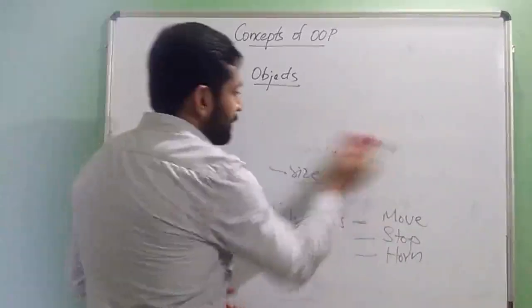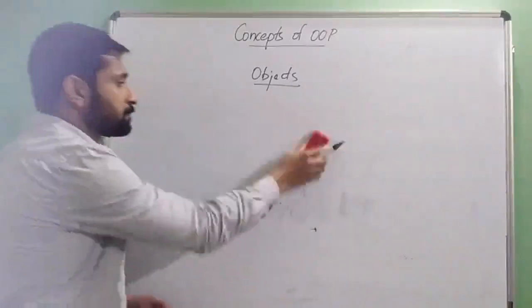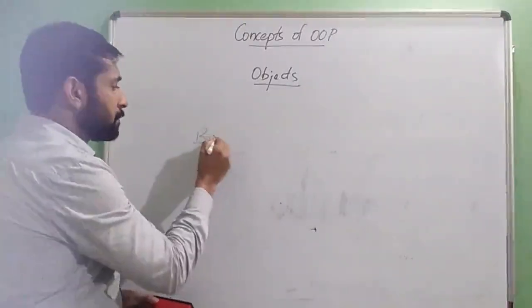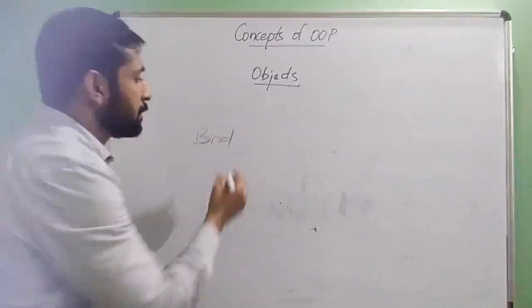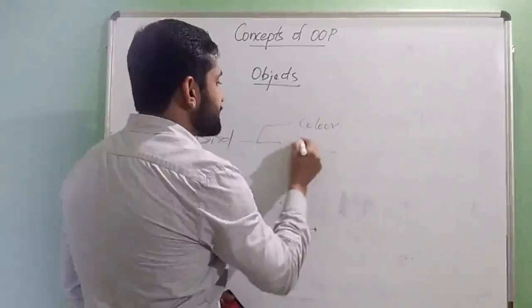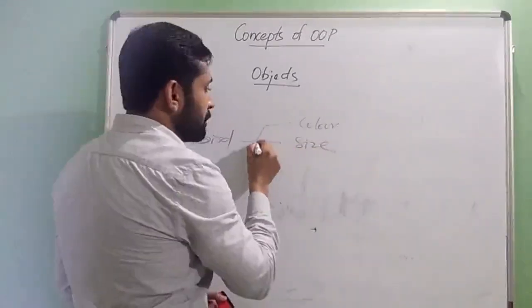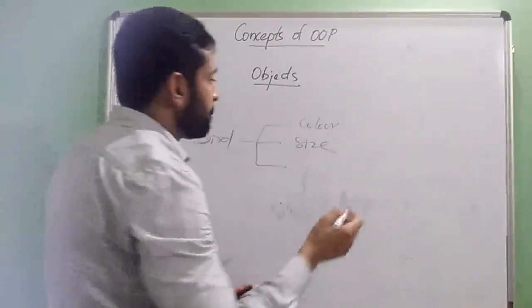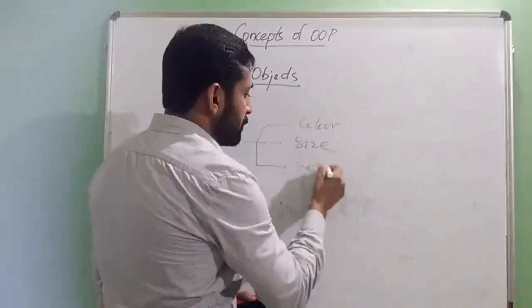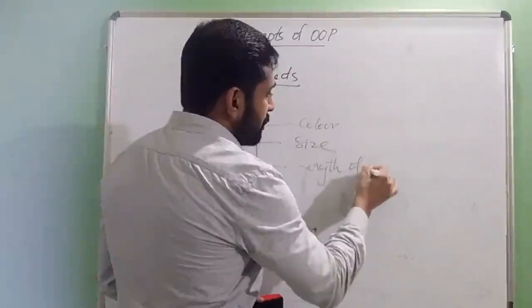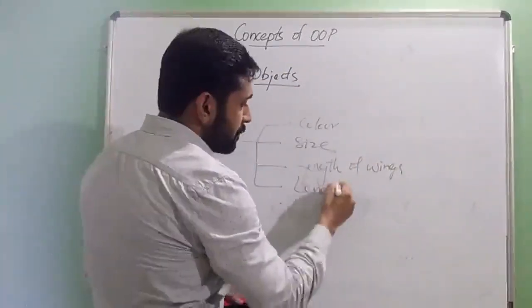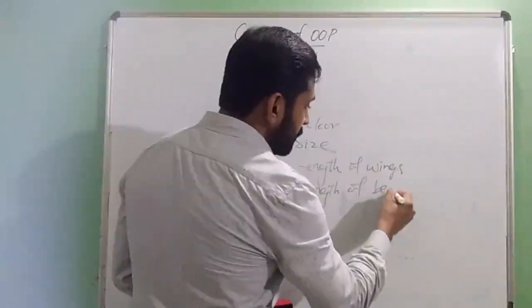Now let us take another example, a bird. A bird has also its color, its size, length of wings, length of beak.